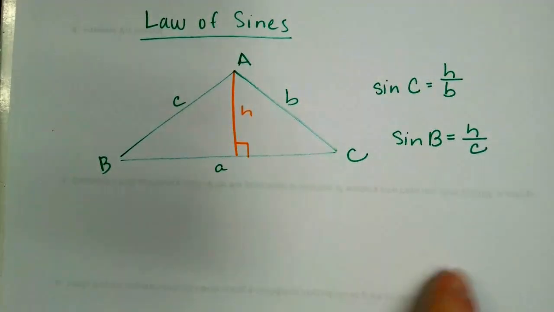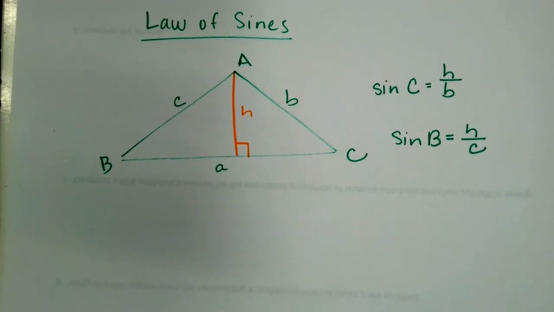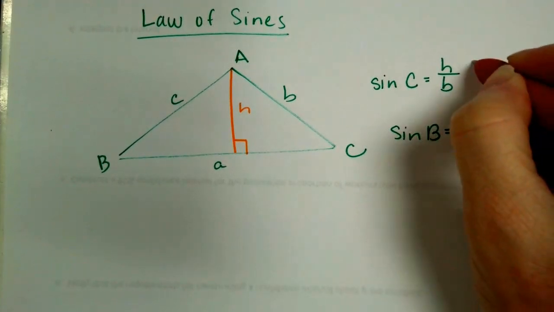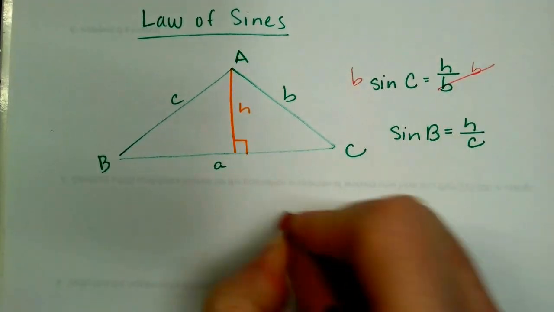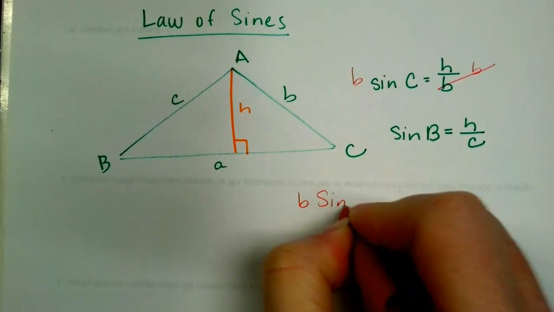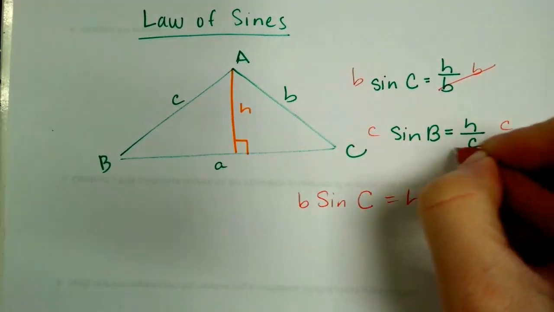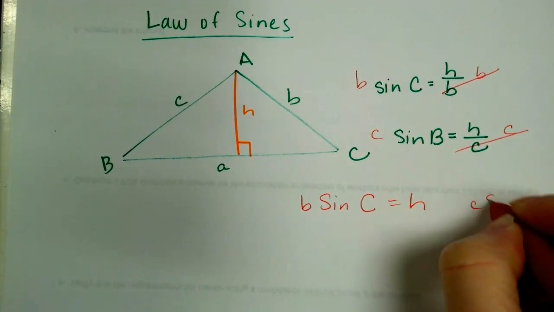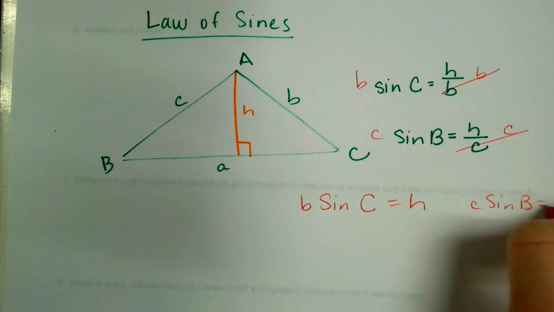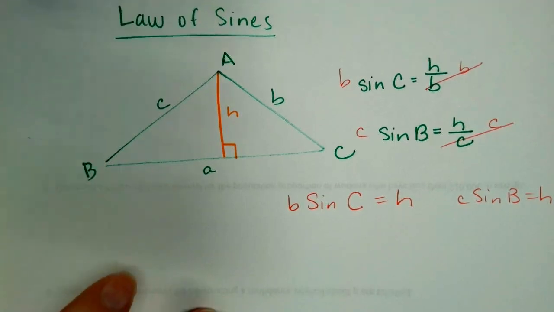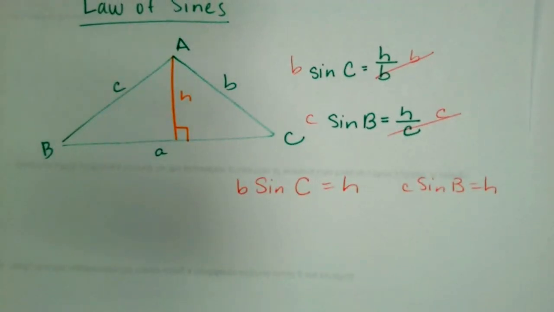Now I could then solve both of those for H, right? If I did that, I'd multiply both sides by B. So I would get B sine C equals H. And if I did the same thing over here, I would get C sine B equals H. And if two things both equal H, then that means they equal each other, right?